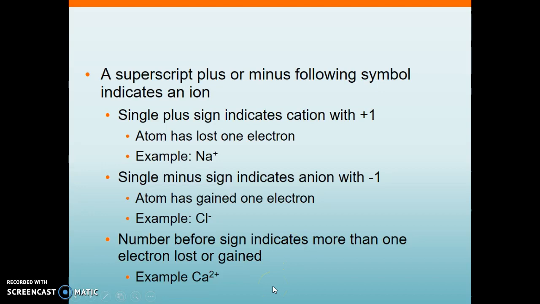Sometimes an atom gains an electron. It's still an ion. In this case, it's a negative ion or anion. Chlorine, when it gains an electron, becomes the chloride ion. Calcium has a +2. In this case, there has been more than 1 electron lost. 2 electrons are lost for each calcium atom.